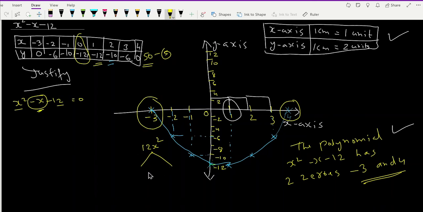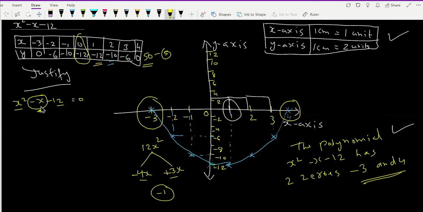So here I will take 4x and 3x, because 4 threes are 12. But here minus is there, so I will take minus for the greater number and plus for the smaller number. Why? Because minus 4 plus minus 3, I will be getting minus 1.